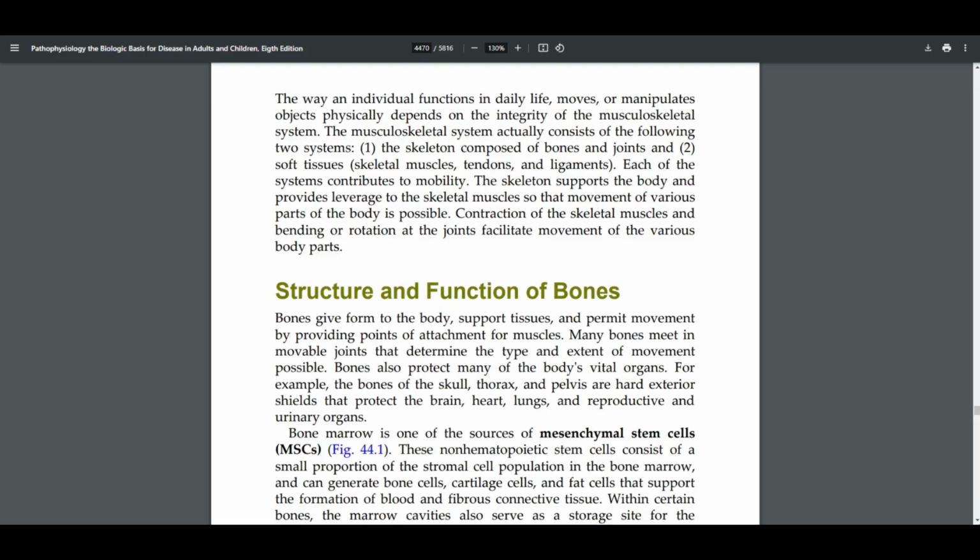Each of the systems contributes to mobility. The skeleton supports the body and provides leverage to the skeletal muscles so that movement of various parts of the body is possible. Contraction of the skeletal muscles and bending or rotation at the joints facilitates movement of the various body parts.